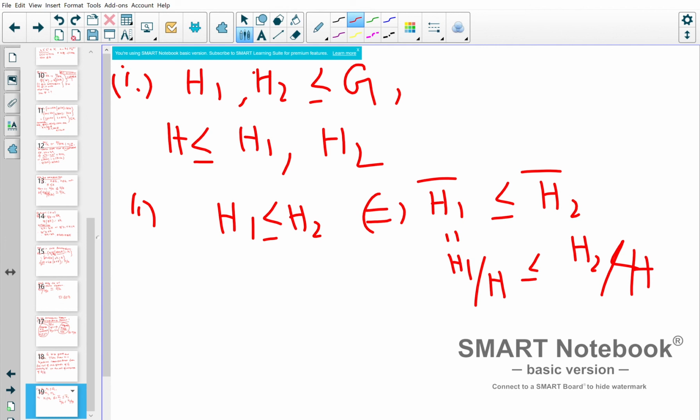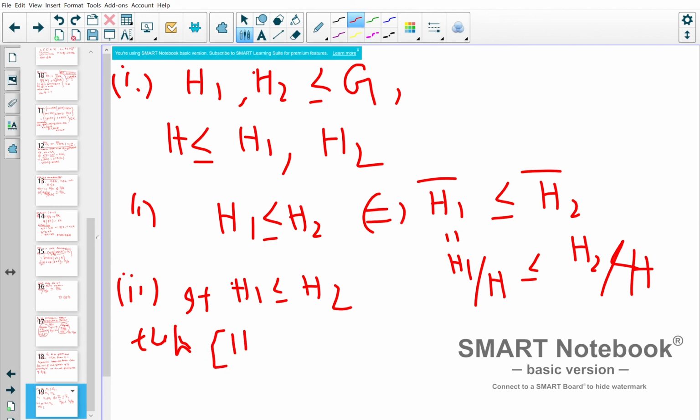This is the if and only if condition. And obviously if H1 is a subgroup of H2, then this nice thing happens: the index of H1 inside H2 is the same as the index of H1 bar inside H2 bar. These proofs are simple.